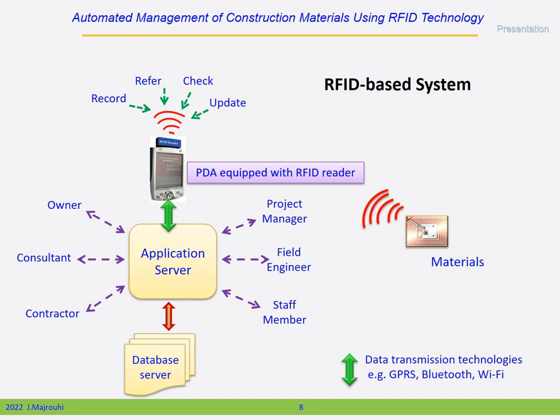An RFID reader could record, refer, check, and update information and transfer information to an application server through a data transmission technology such as GPRS, Bluetooth, and Wi-Fi. The application server is usable for owner, consultant, contractor, project manager, field engineer, and a staff member, which is connected to a database server.